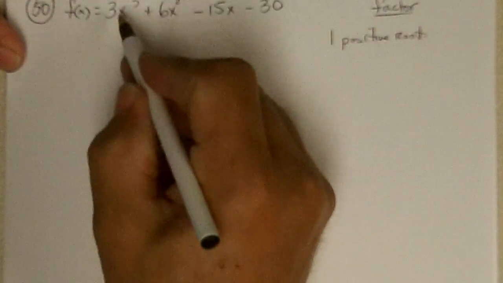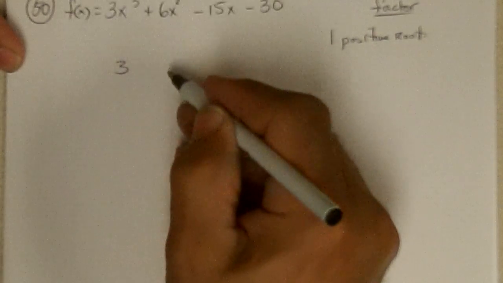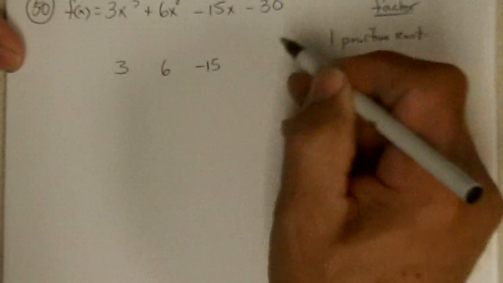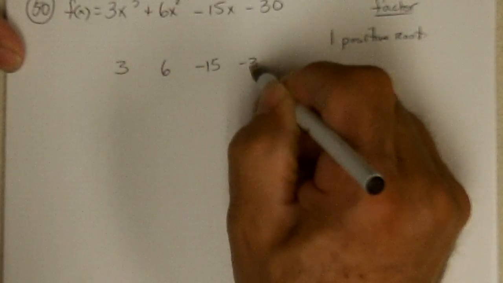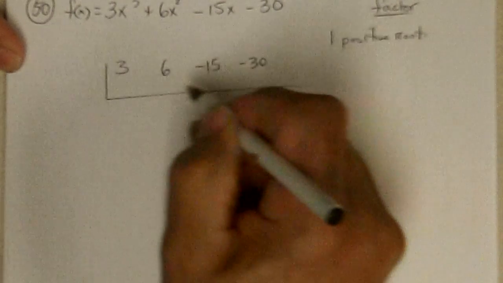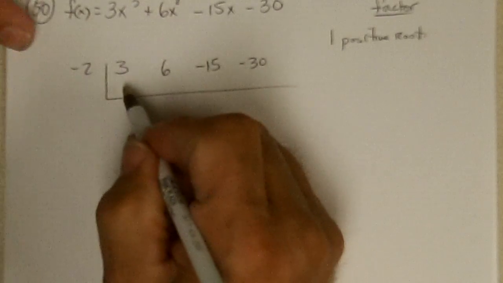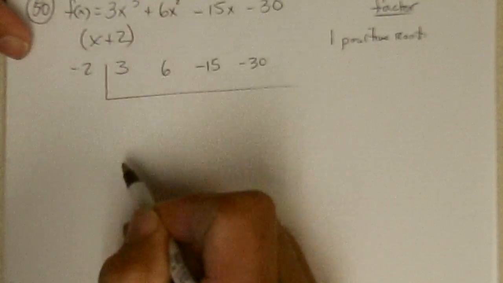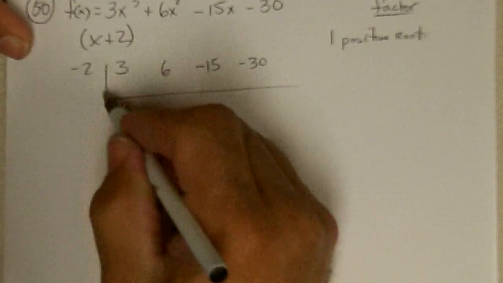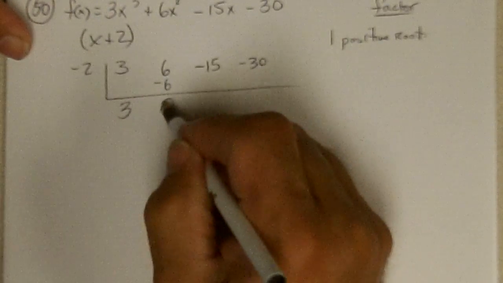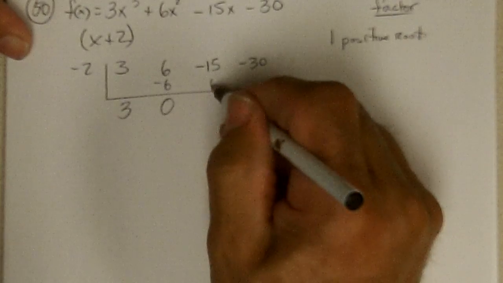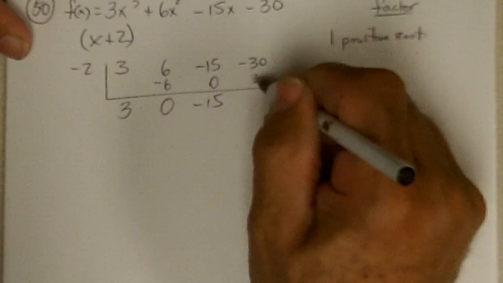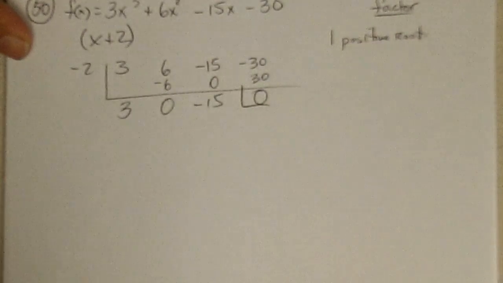I'm going to write, I have 3x to the third, 6x squared, minus 15x to the 1, minus 30x to the 0, and I'm going to try -2, which would mean x plus 2 is a factor, and I get 3, -6, 0, 0, -15 times -2 is +30, 0.